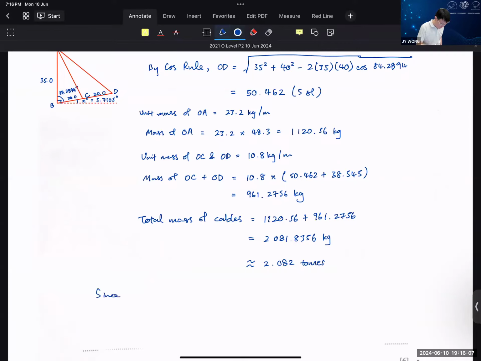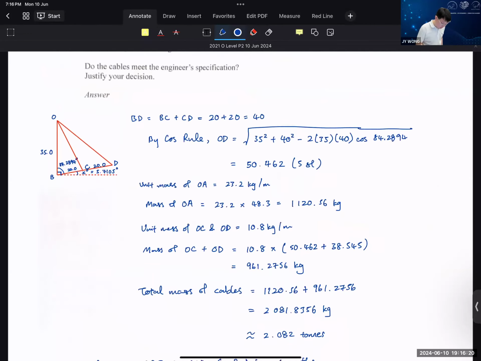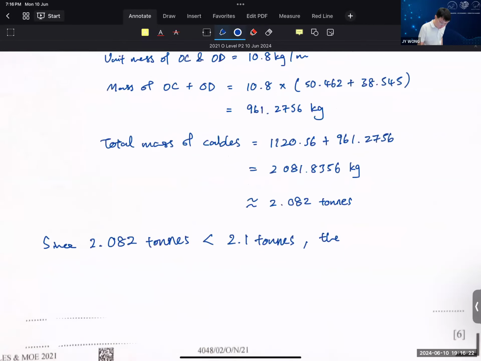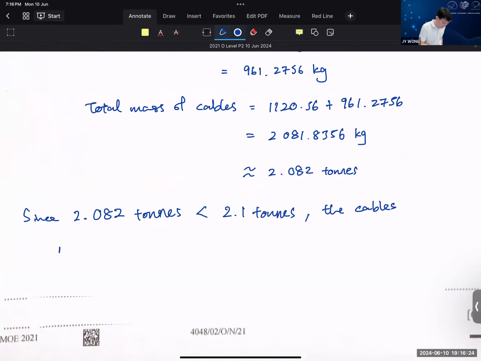Since 2.082 tons is less than 2.1 tons, the cables meet the engineer's specifications. Done.